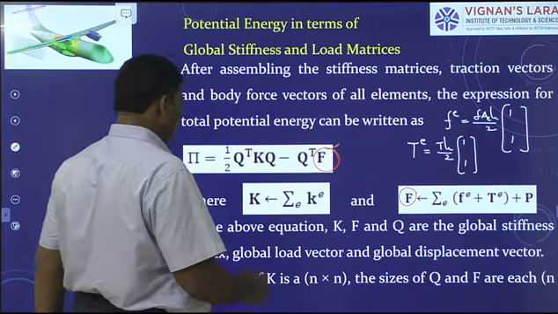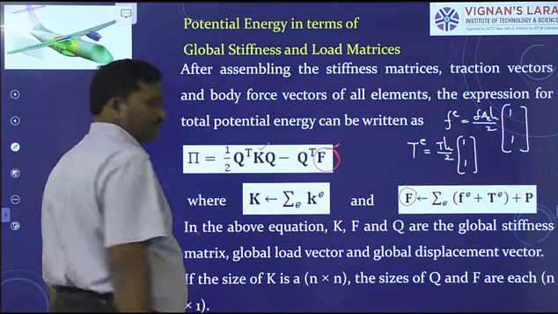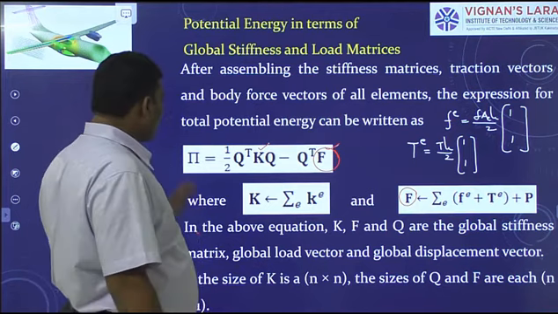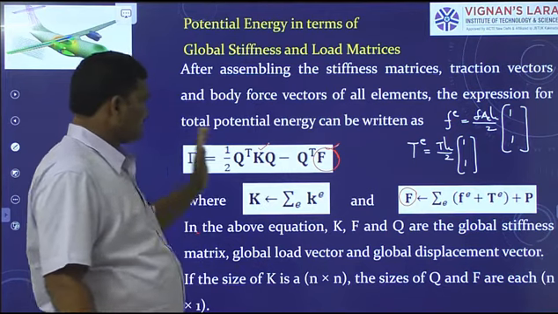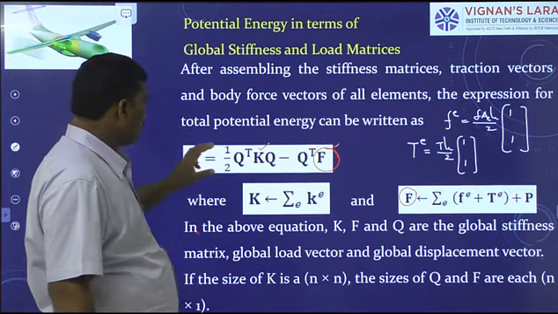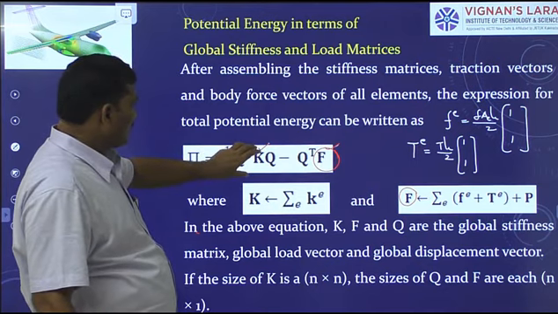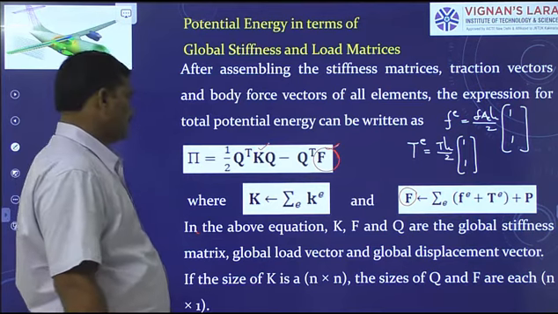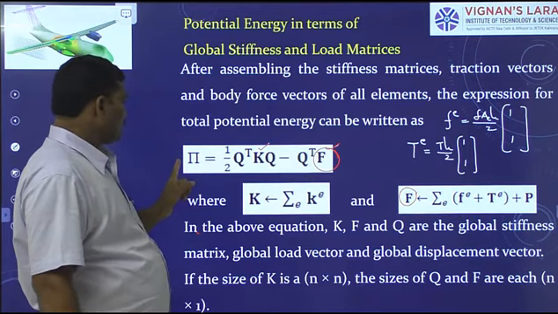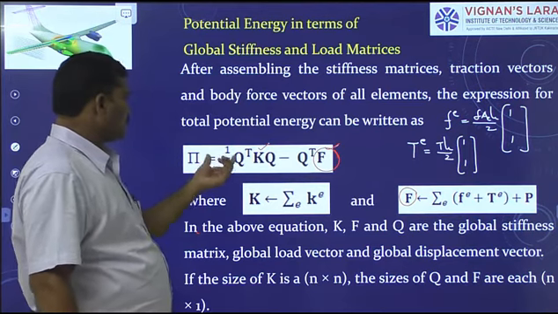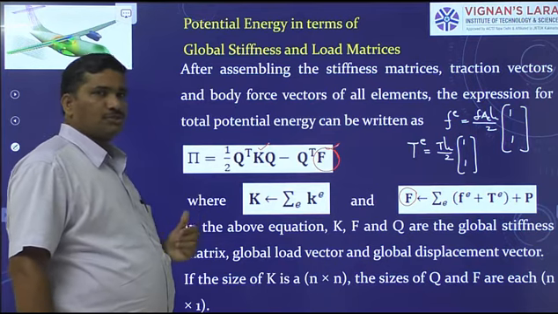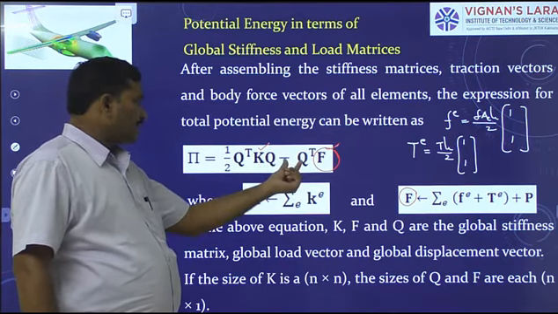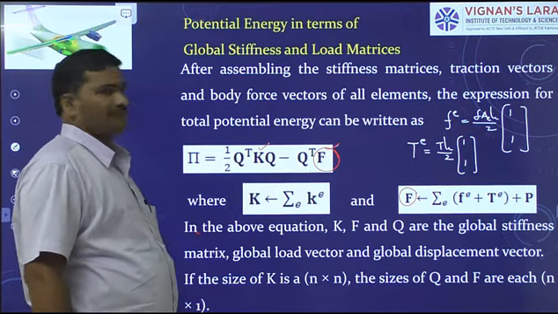Once you get this and also this, we can represent the total potential energy in terms of the global stiffness matrix and global load vector. Pi equals 1 by 2 into capital Q transpose into capital K into capital Q, minus capital Q transpose into F.